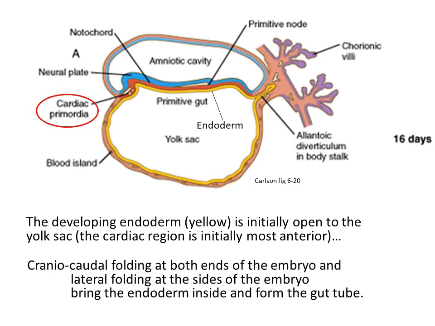Craniocaudal folding at both ends of the embryo, and lateral folding at the sides of the embryo, bring the endoderm inside and form the gut tube. Again, craniocaudal folding of the embryo from the oropharyngeal side and caudal part will bring the gut forming, and the heart will be moved more medially and anterior.